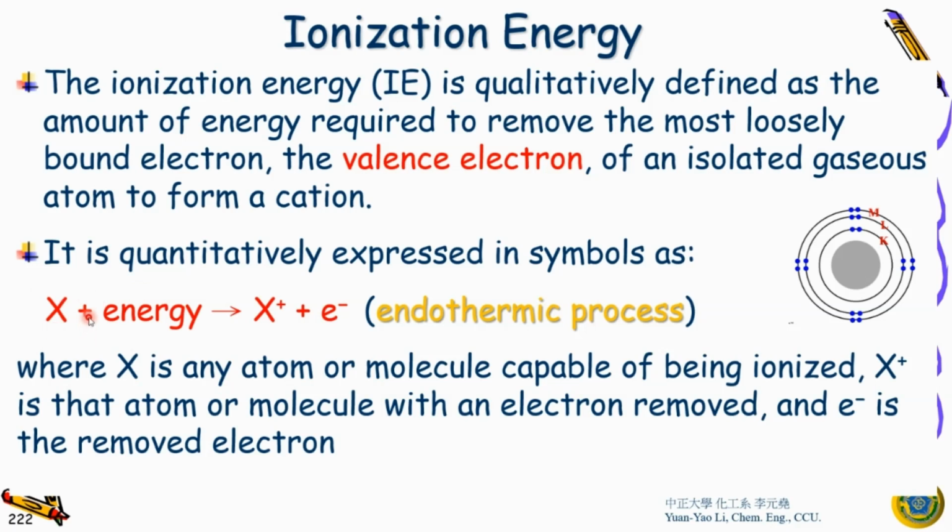For ionization energy, I want to give this element energy to release one electron. So this is the opposite of electron affinity. Here X is an atom or molecule capable of being ionized, and the X cation is that atom or molecule with the electron removed. So you want to take one electron away from this atom, and the energy you require is called ionization energy.